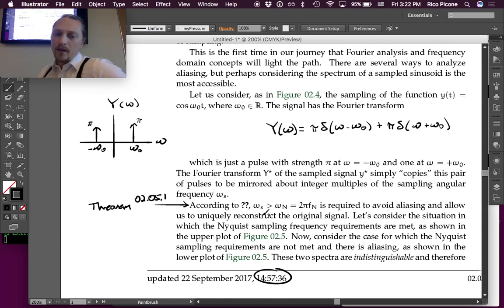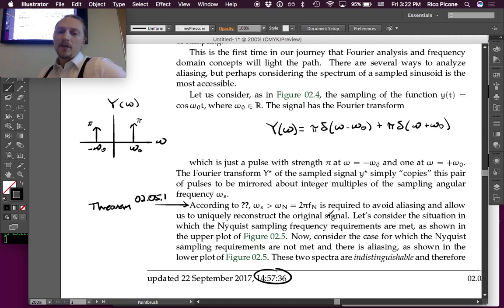According to the Nyquist sampling theorem, the sampling frequency has to be greater than the Nyquist frequency. It's required in order to avoid aliasing and allow us to uniquely reconstruct the original signal.